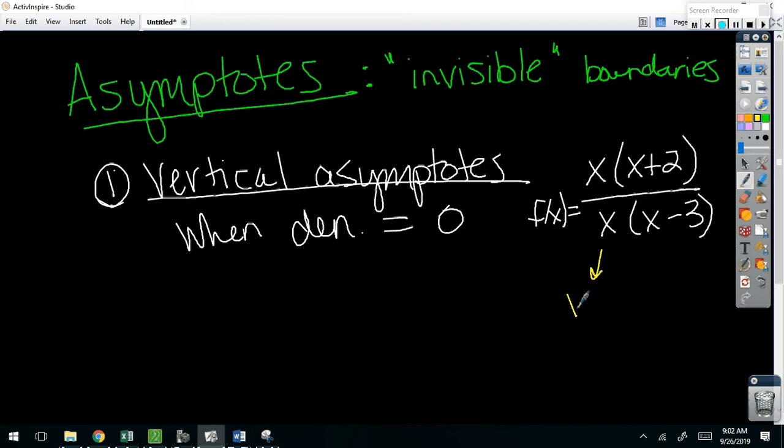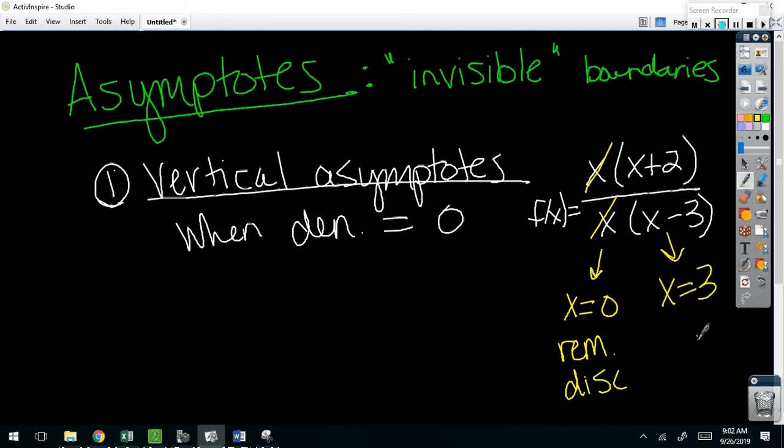Right. So this x, even though a 0 would cause that to be 0, because I can cross these out, it's a removable discontinuity. Remember, if I can remove it from the equation, then it's a removable discontinuity, which is a hole. It's not an asymptote. But this one, there's my asymptote.